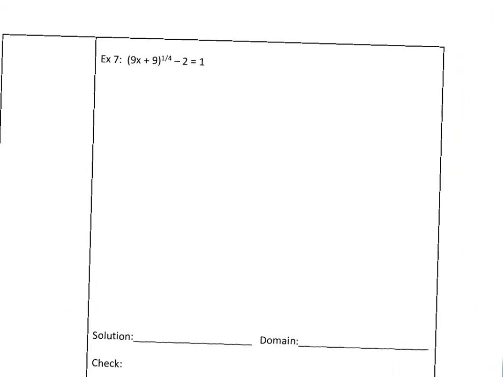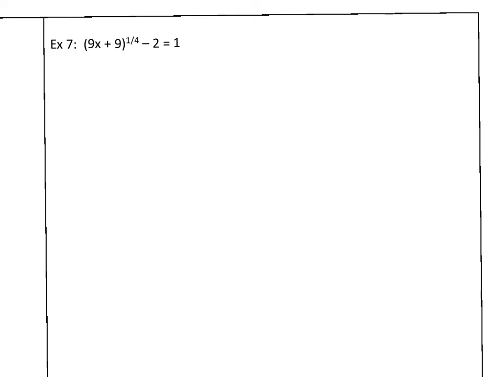Okay, so starting off with the domain. Even or odd? Even, right? Because the index is 4, and 4 is an even number. So what do I need to do? Yep, set 9x plus 9 greater than or equal to 0.